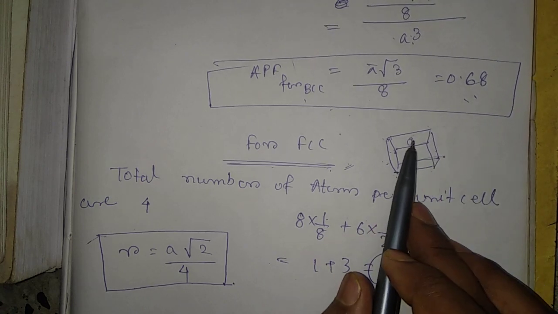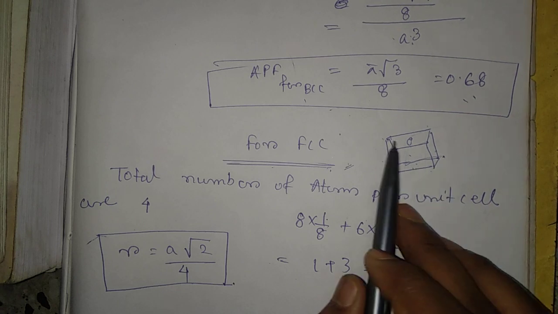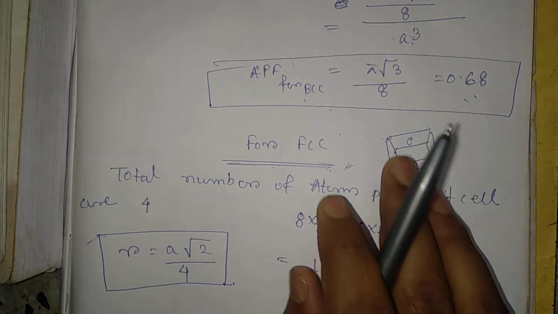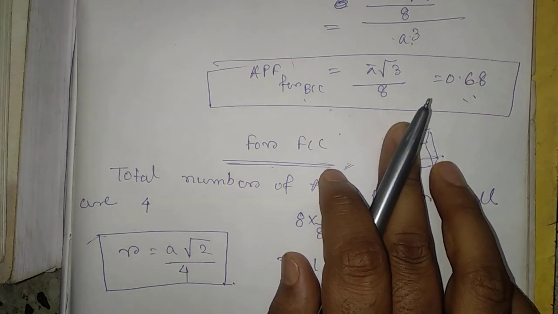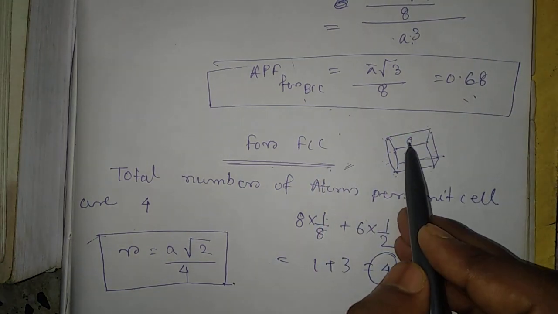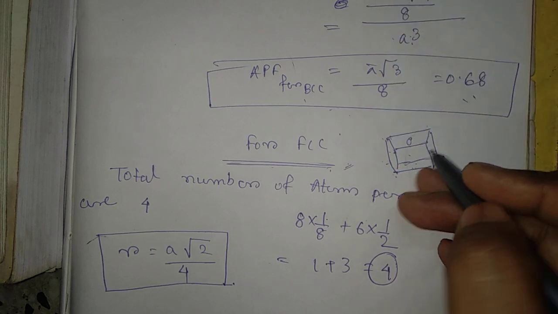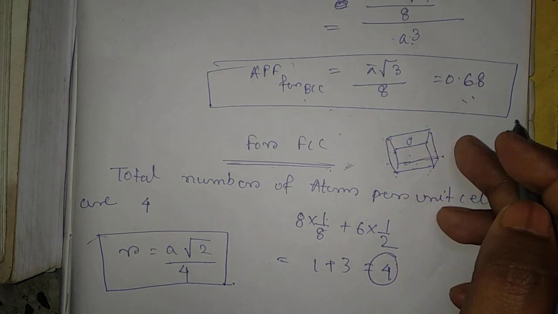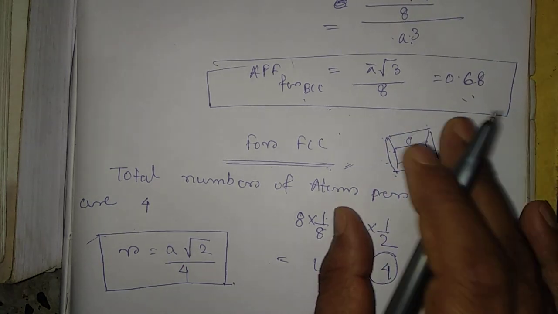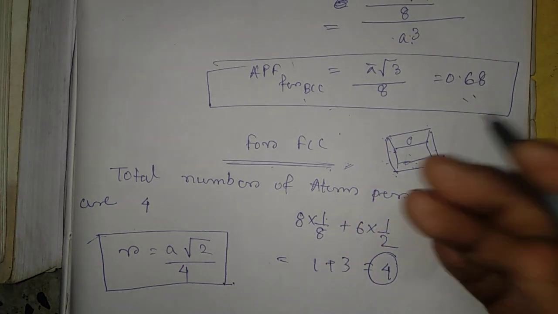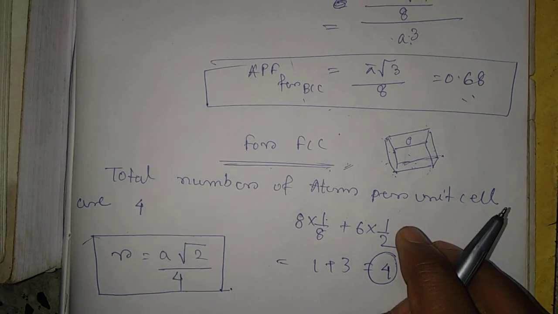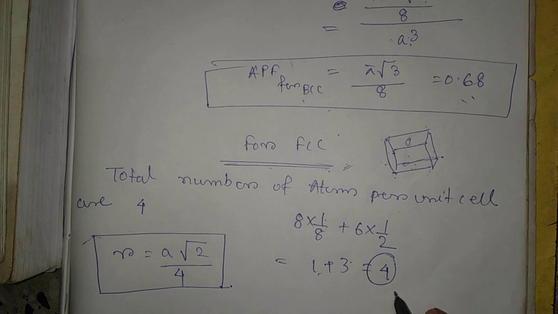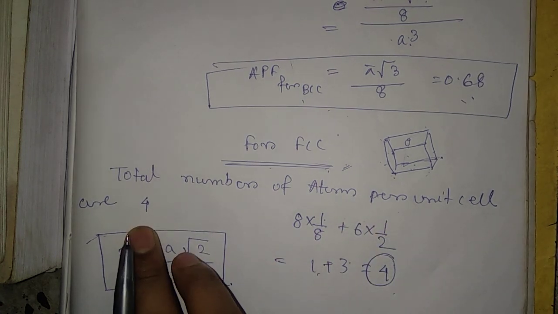You know that there are 6 faces, so 6 face atoms, and they are shared. Every face of the cube is shared by 2 such cubes, so this face is shared with another cube. So 6 atoms are shared with 2 cubes. Okay, so 6 into 1 by 2. That means 1 plus 3 is equal to 4. So the total number of atoms in this case is 4.